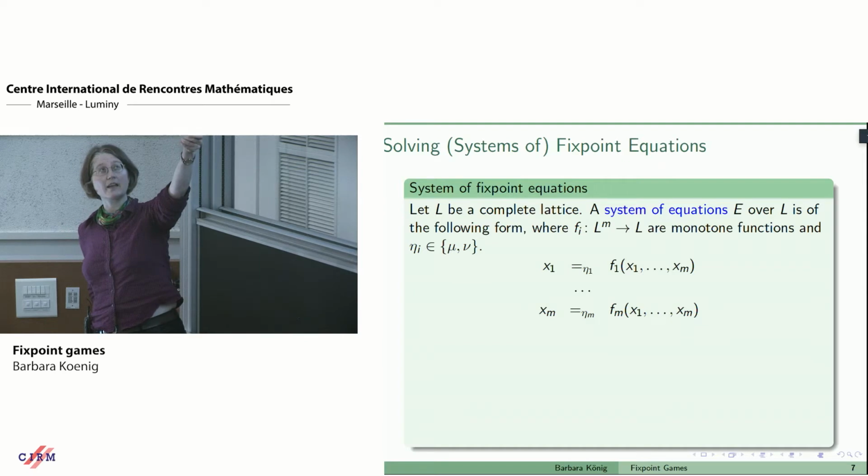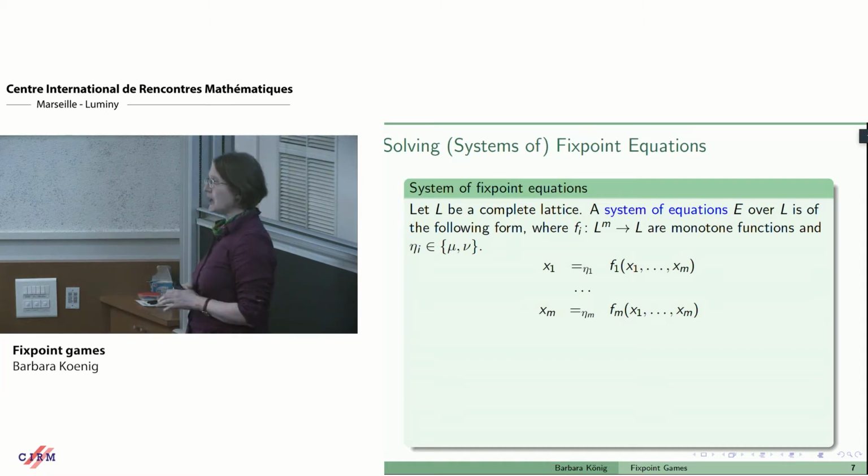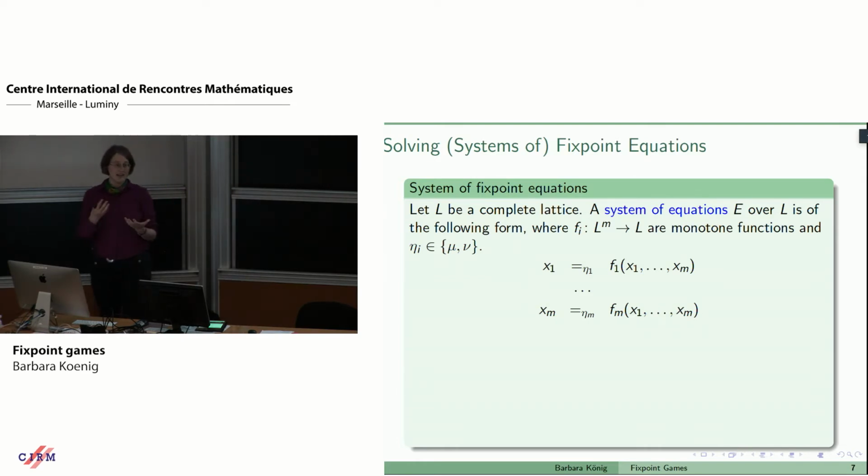So you have x1 equals this. And for each equation, you can change the index. For each equation, you can decide separately whether you want to take a least or a greatest fixed point. So then you get nested fixed point equations. And maybe some of you know this better from mu calculus terms.